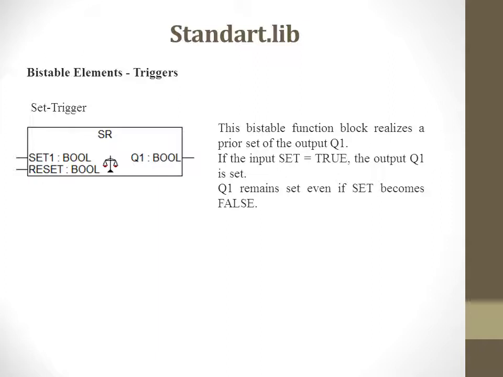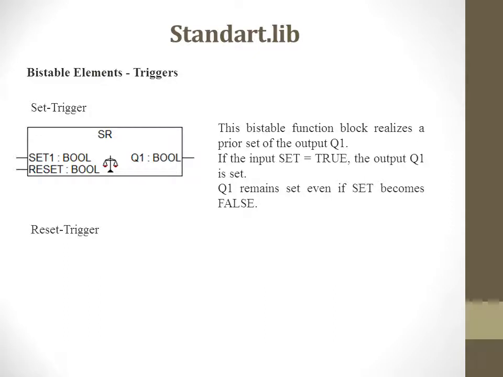If the input set variable is true, the output is set. The output variable remains set even if set becomes false. Yes, everybody knows how this function block works, but we need to discuss that the standard library contains this type of function block.